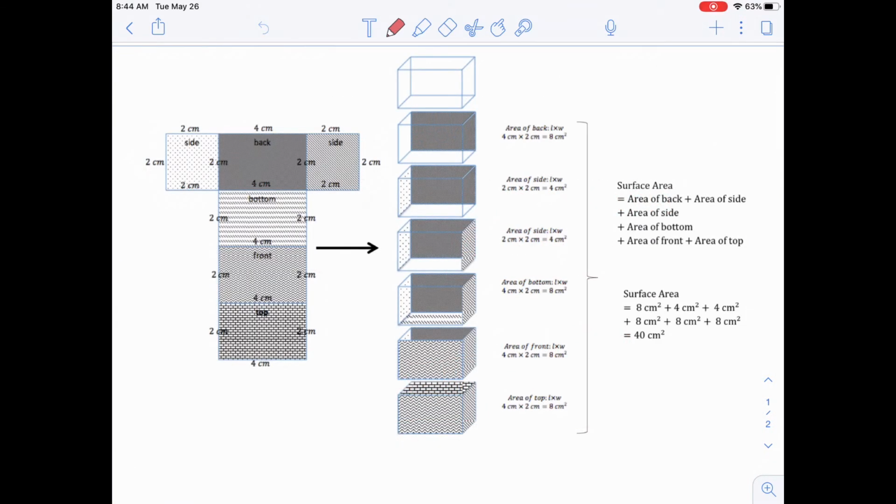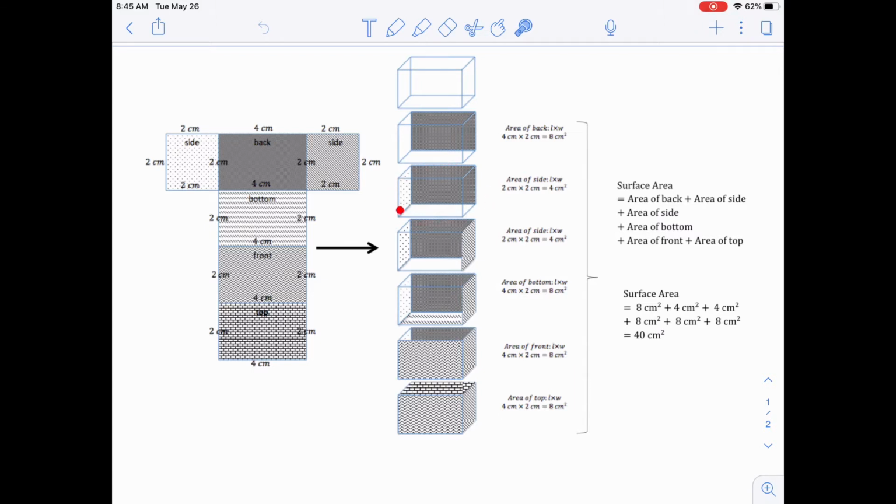Okay, so this is not in your book. I just want you to follow along. I have a couple things to point out. What I want you to notice is this rectangular prism. Each new rectangular prism here shows a different side shaded. This shows the back is shaded with this gray, so the back face is right here on our net.